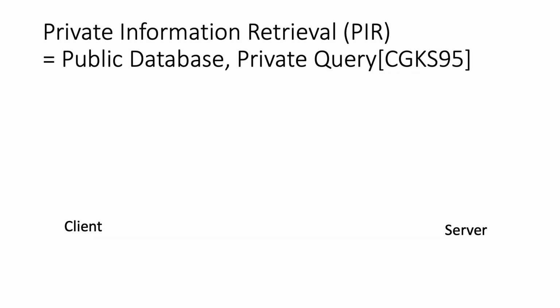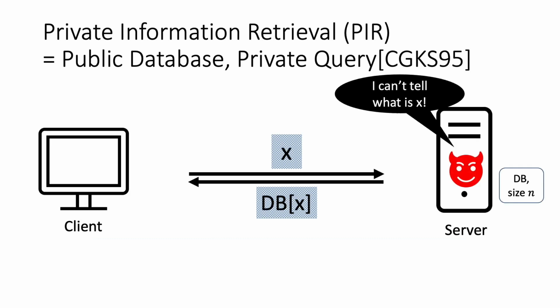All right, so what does PIR mean? It means private information retrieval, or it stands for public database and private query. Imagine that there is a server storing a database of size n. You can think of it as just an n-bit string or some more complicated thing.